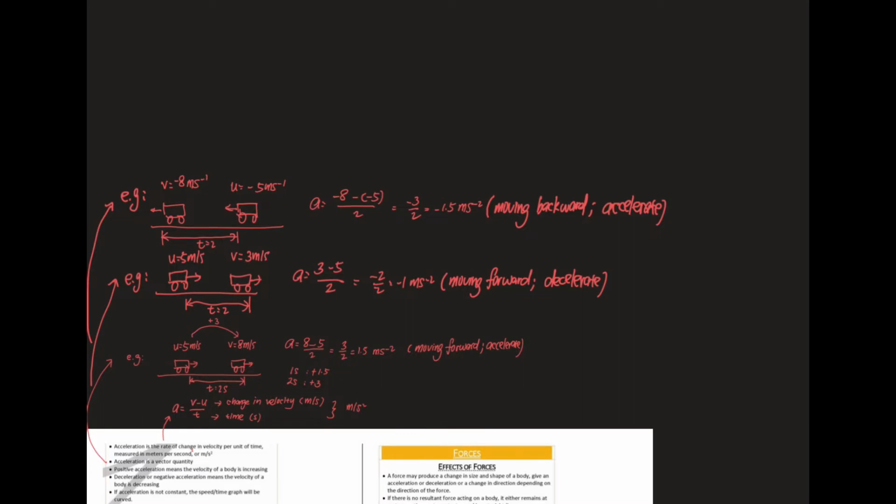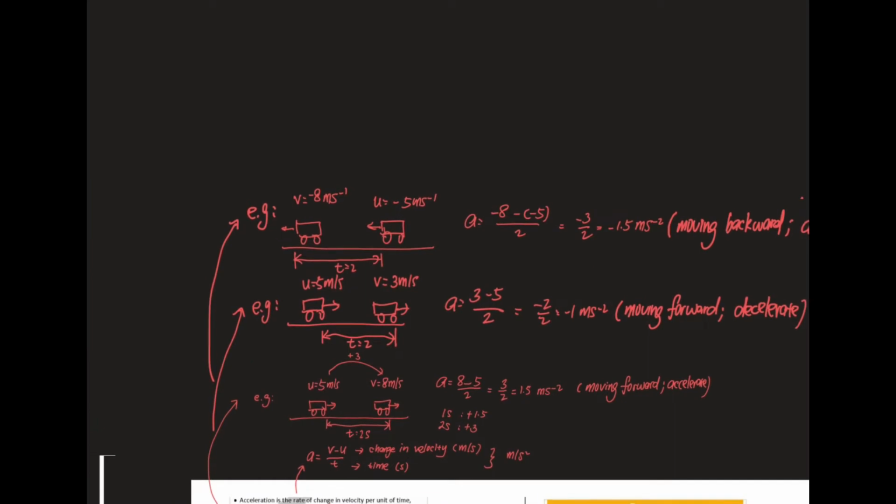Okay, now last example. The trolley is moving backward again. U equal to -5 meter per second. And at the end, still moving backward, V equal to -3 meter per second, slowing down.